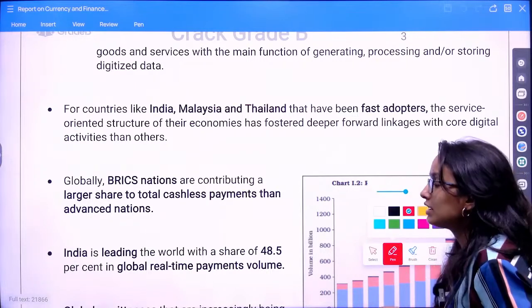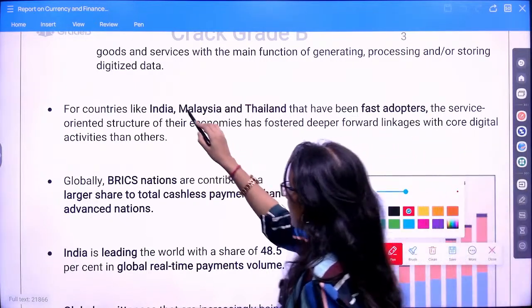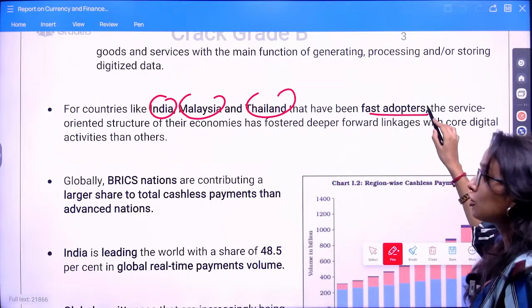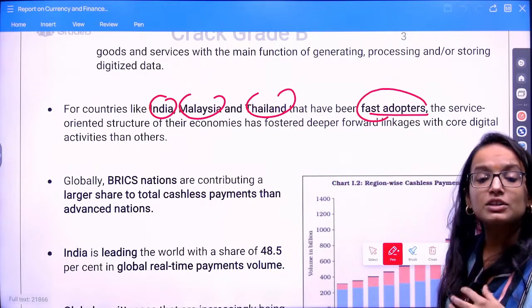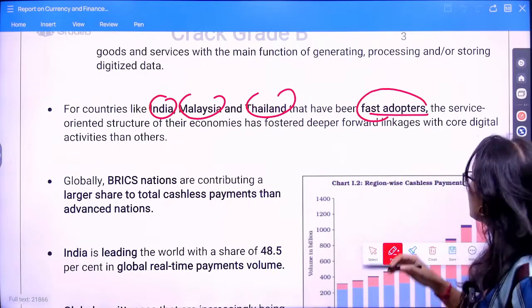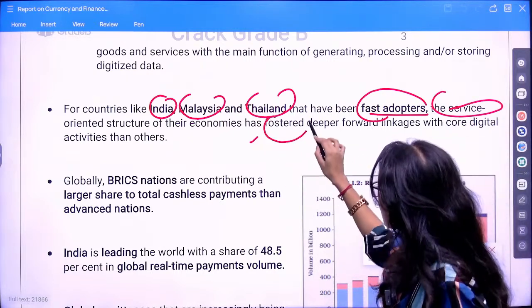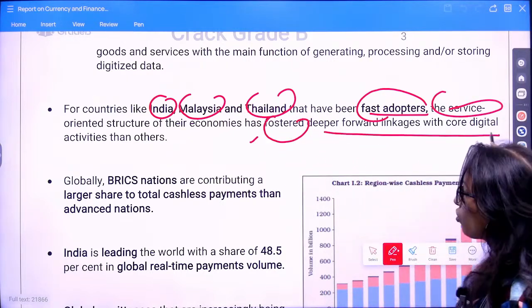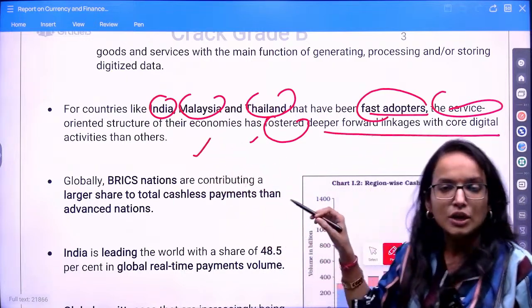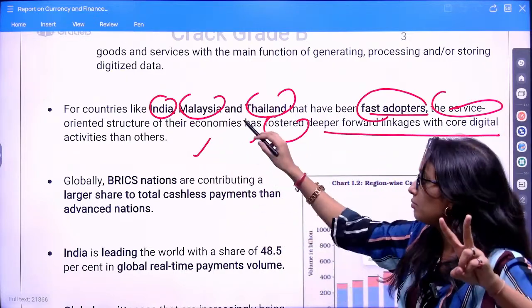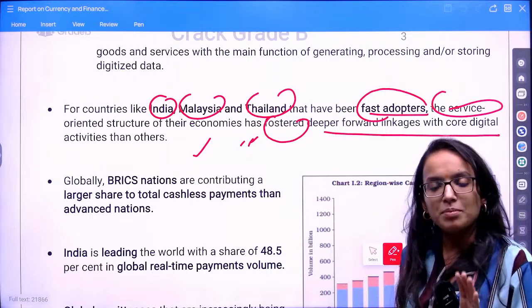This report says that for countries like India, Malaysia and Thailand that have been fast adopters of digital technologies, digital services, the service-oriented structure of their economies has fostered deeper forward linkages with core digital activities than others. So basically, 3 countries have been given here: India, Malaysia and Thailand.